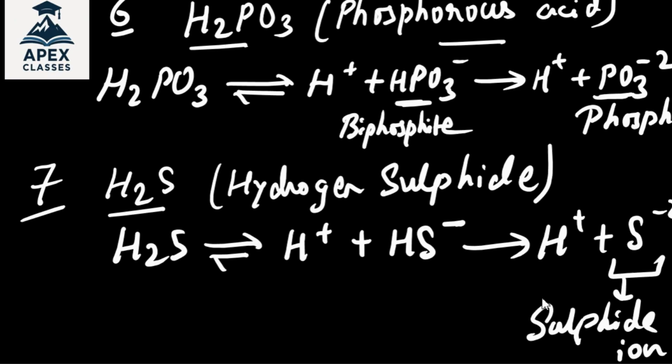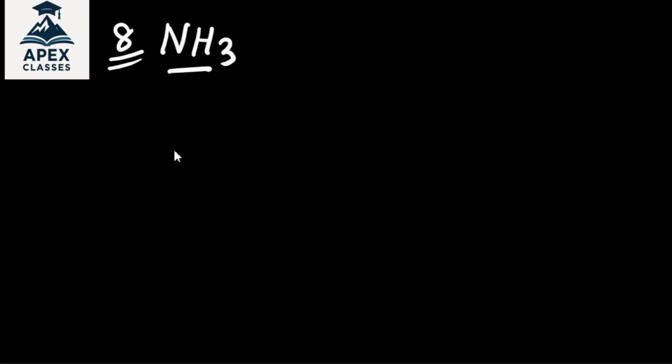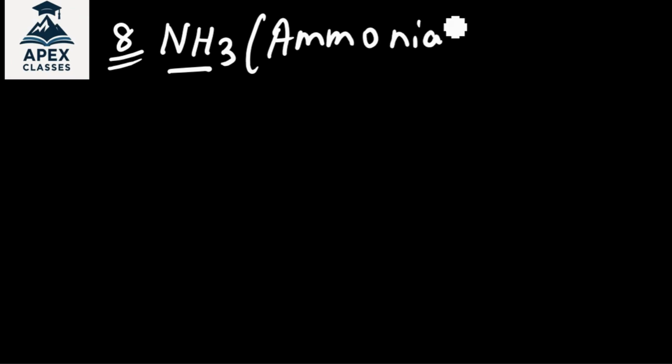Now look, coming to the nitride part, we can take the example of ammonia. See, this is the molecule of ammonia. I hope you all know this ammonia. It's a very toxic gas. It is produced in our body also, from the intake of protein rich compounds.